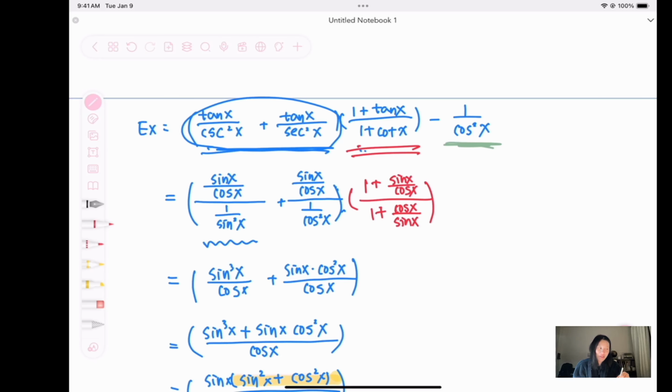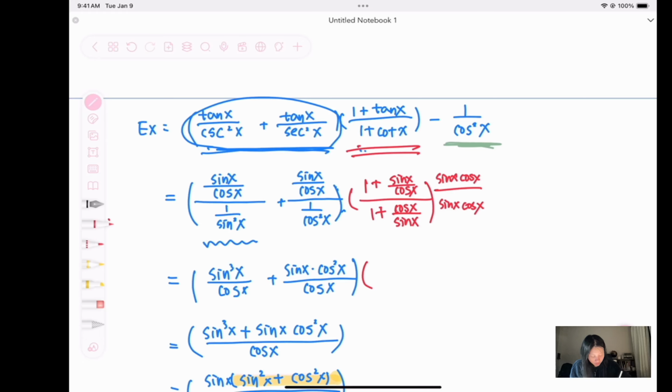We learned this trick in, I think, either 19.5 or 19.2. You need to find the common denominator on these 4 terms, with 1 sine x over cosine x, and then another 1, and then cosine x plus sine x, and multiply all by the common denominator. In this case, you want to multiply by sine x cosine x over sine x cosine x.